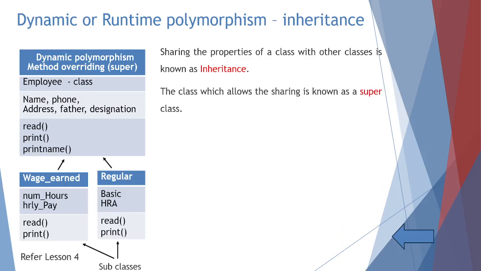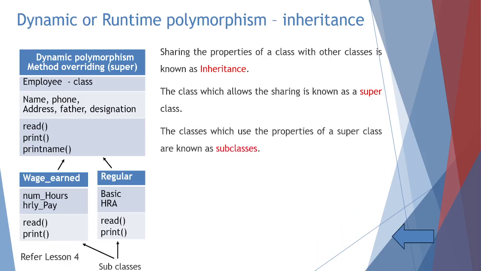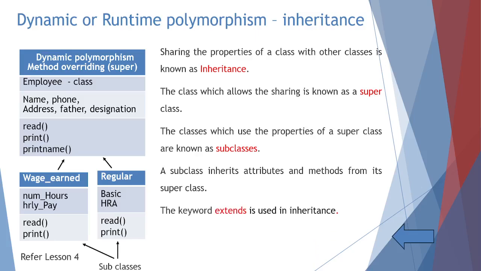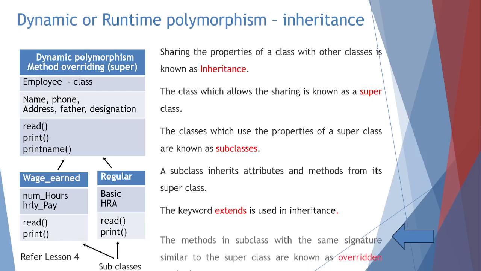And the class which allows sharing is known as superclass. Classes which use the properties of a superclass are known as subclasses. A subclass inherits attributes and methods from its superclass, and the keyword extends is used in inheritance.